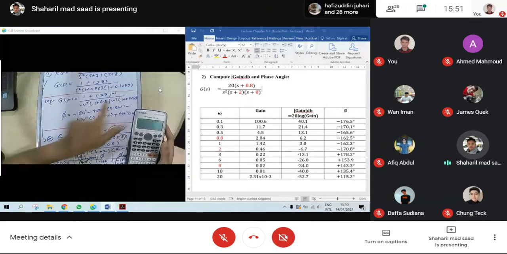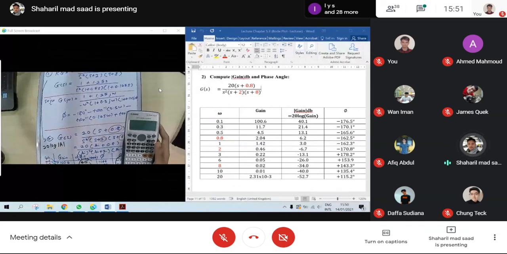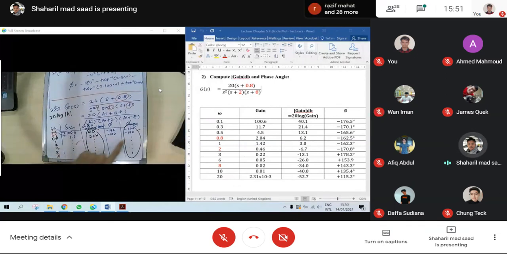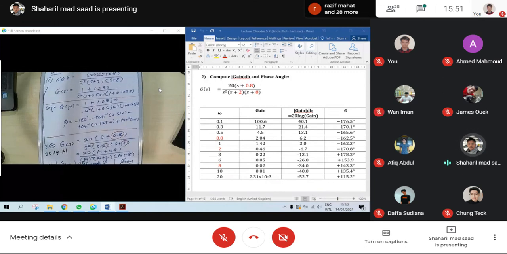You put ω equal to 0.5. Then you double check again that you get this value. Right? You get the same value, so that you don't make a careless mistake. Okay. So please check this one.